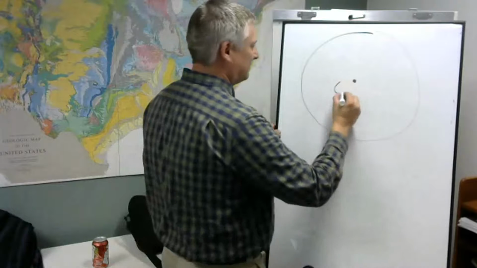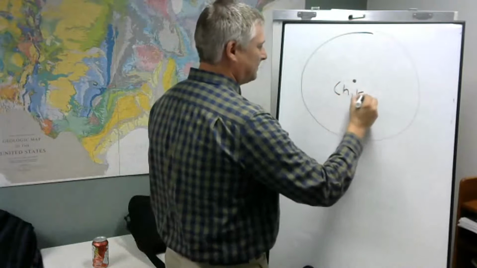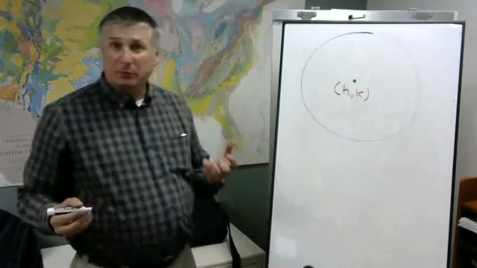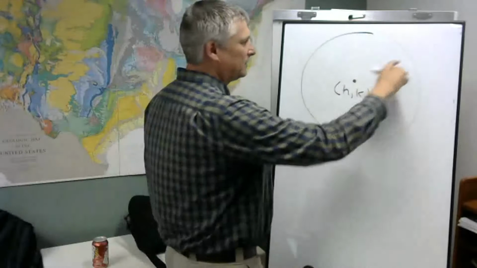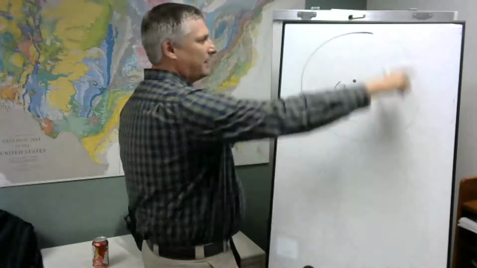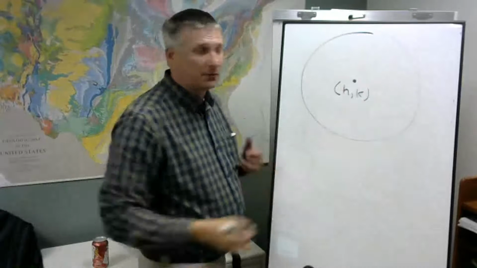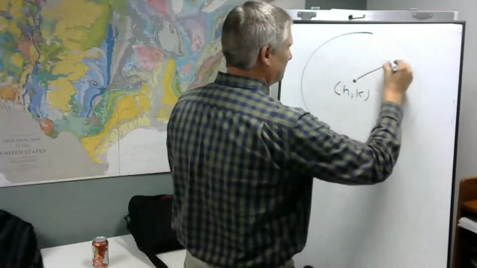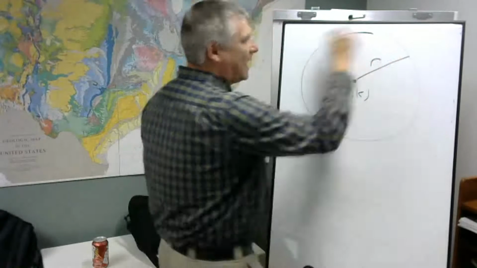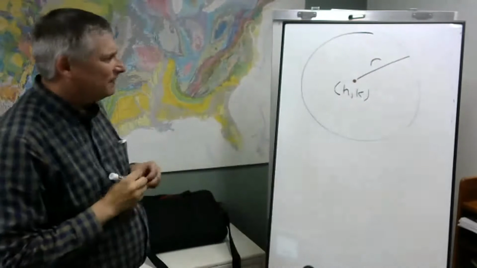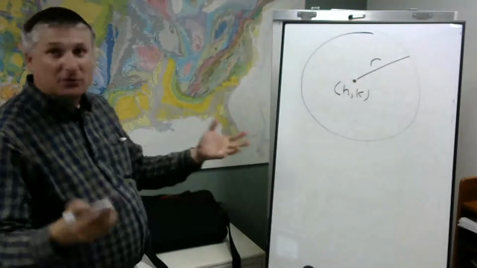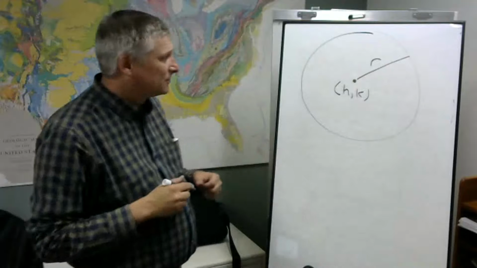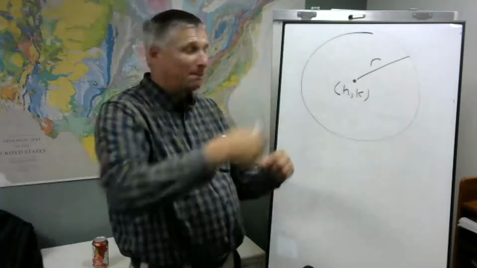Call this H and K. And circles have a radius. It's a distance from the center to any point on the outside or on the circumference of the circle. Well, the outside of the circle. And the edge of the circle, I should say. Circumference is the measure around the circle.